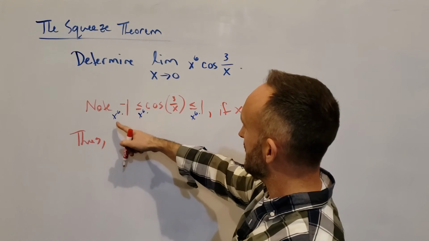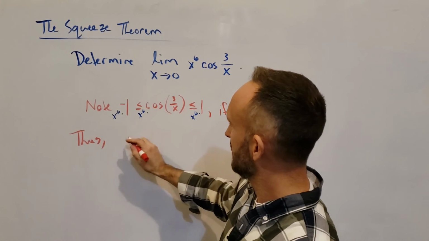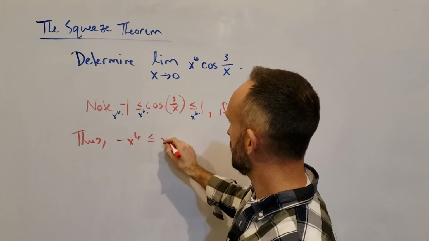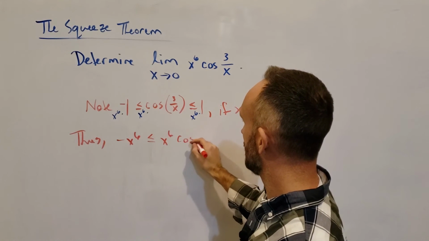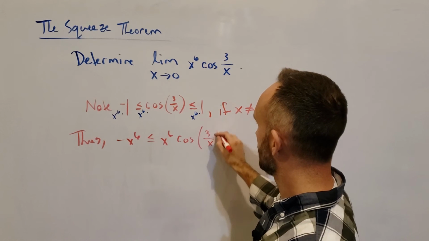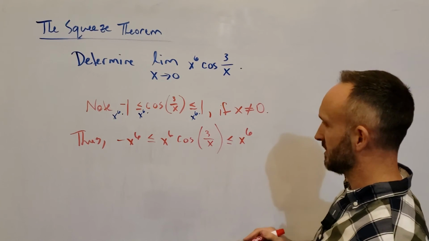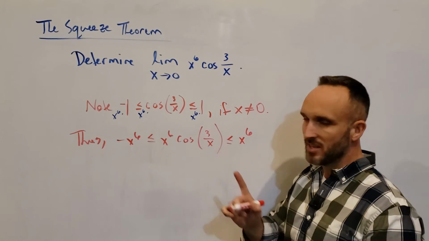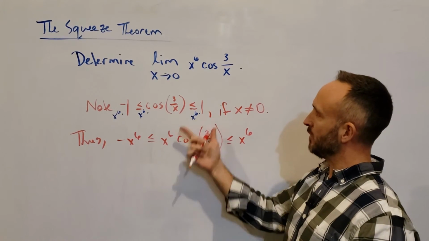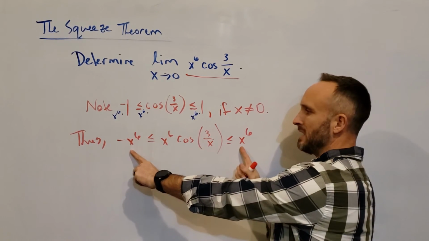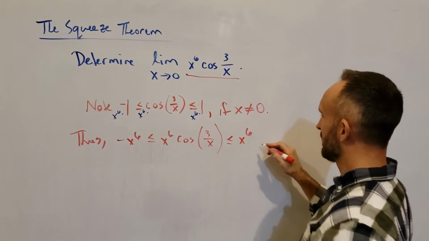All right, so if I multiply everything by x to the 6th, I get negative x to the 6th is less than or equal to x to the 6th times the cosine of 3 over x, which is less than or equal to positive x to the 6th. So what we've just done, just to let you know, is we've taken the original function and squeezed it between these two functions.